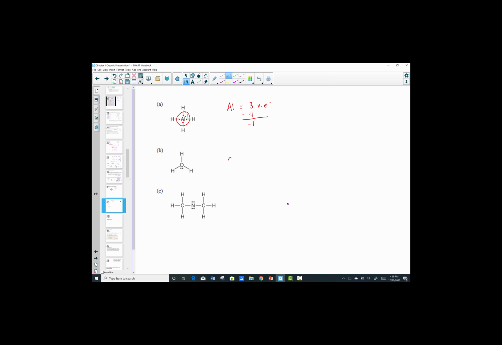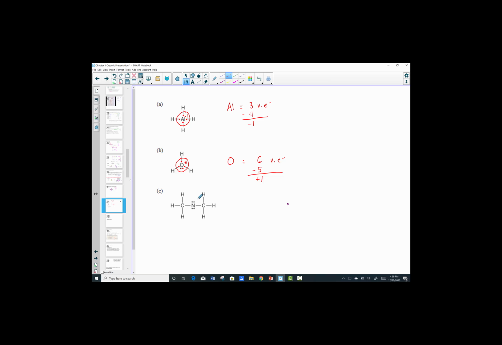Let's find the oxygen in the second example. Draw a circle around its structure, and we have 1, 2, 3, 4, 5 assigned electrons. Oxygen lives in group 6A, so 6 valence electrons are what it would like to have, but right now it's assigned 5, giving it a +1 formal charge.